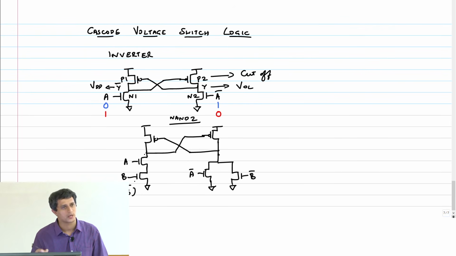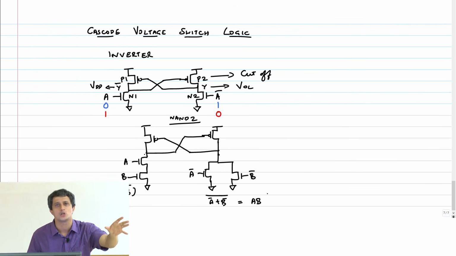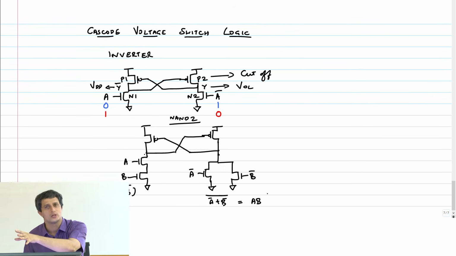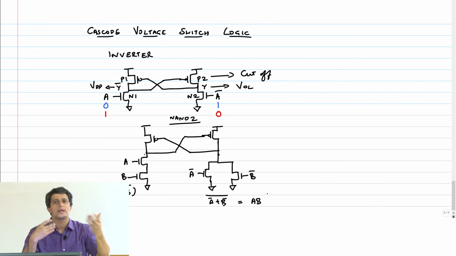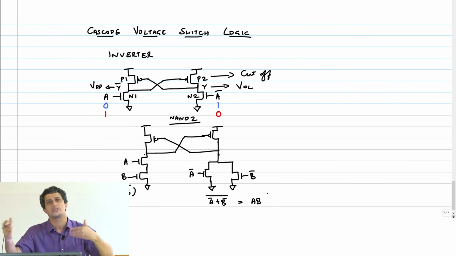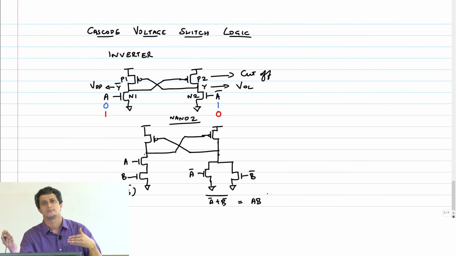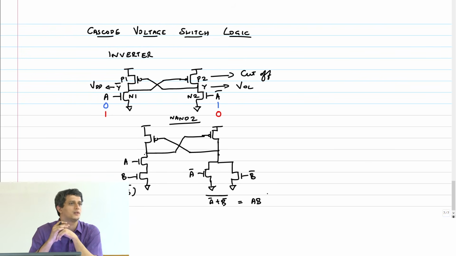Whole bar, because it's connected to ground. What is this logic? It is A bar plus B bar whole bar, which is equal to AB. So you implement true logic on one side and the complement logic on the other side, then you will be guaranteed that one of these stacks will be turned off always, right? And this cross coupling will take effect and it will cut off the other guy very easily.